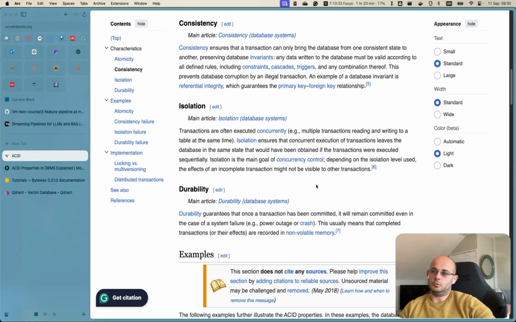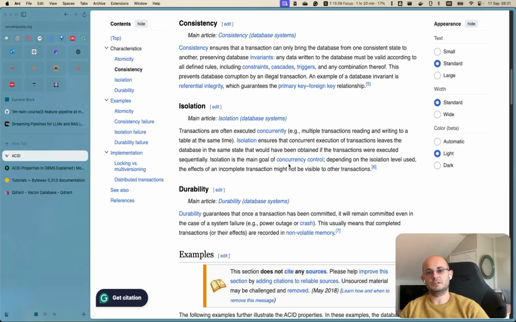So isolation usually means that when someone's inserting, the database will lock the table, which means it will lock the state for that transaction. It will execute that transaction, and only after it executes that transaction will it unlock and do the second transaction or third. This means you can preserve the consistency.